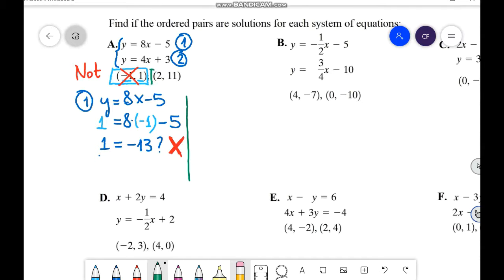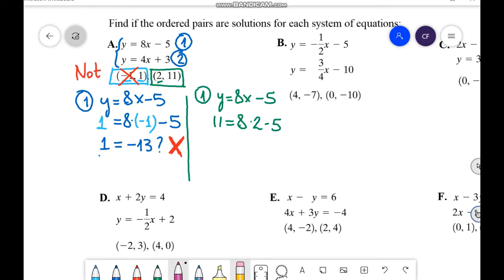Next one is this ordered pair here, x equals 2, y equals 11. Try for equation number 1. Equation number 1 is y equals 8x minus 5. Plug in y equals 11, 8 times x equals 2, minus 5. See?